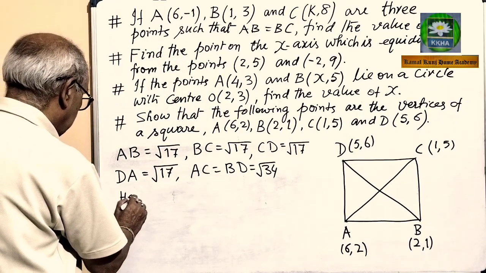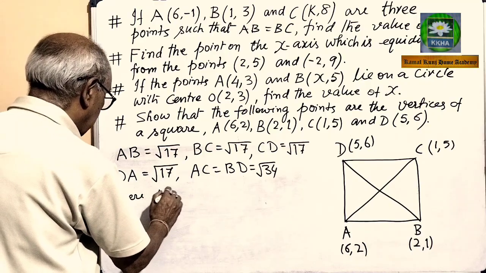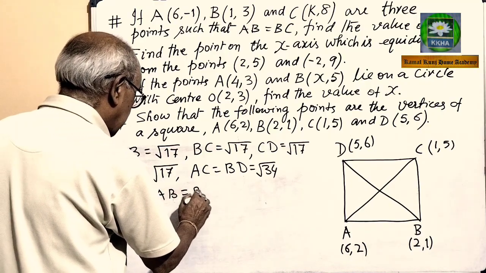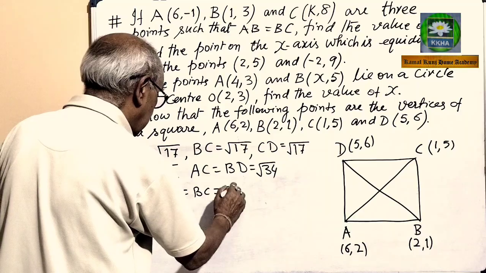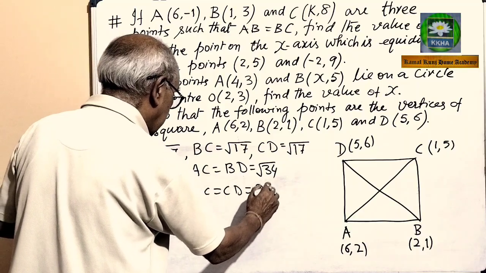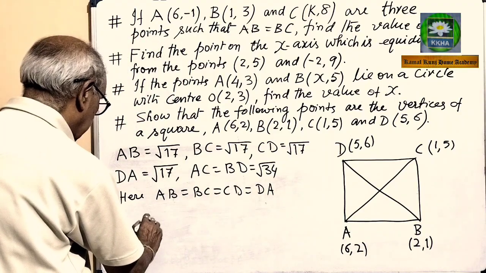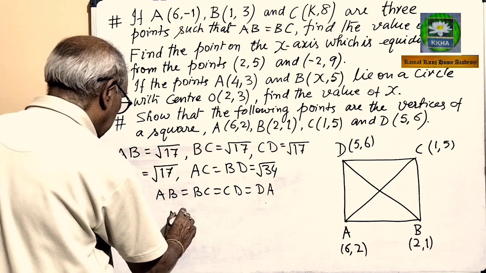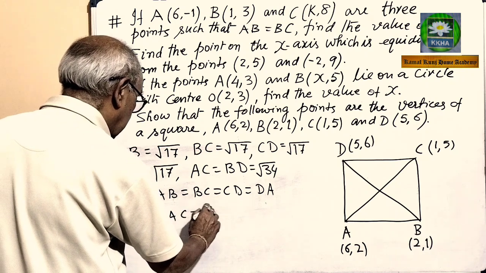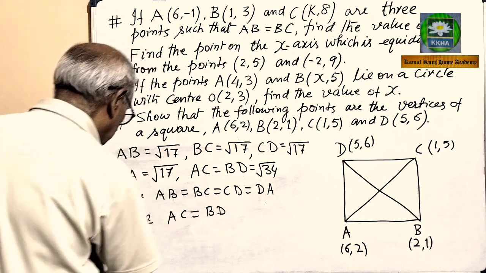So here we have AB equal to BC equal to CD equal to DA, and diagonal AC is equal to diagonal BD.